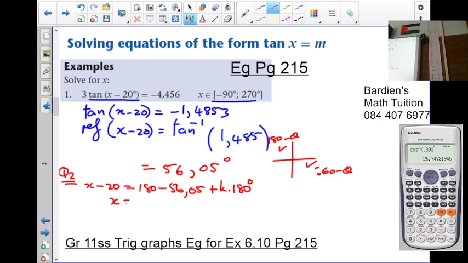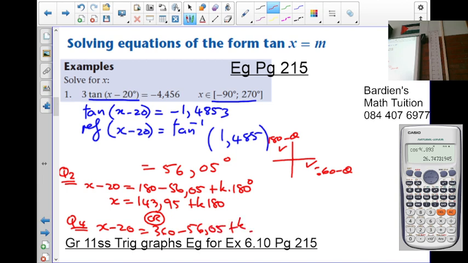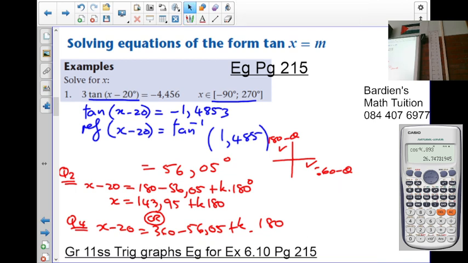So x is equal to 143,95 + k times 180, or quadrant 4. So we say x - 20 = 360 - the reference angle of 56,05 + k times 180 degrees.